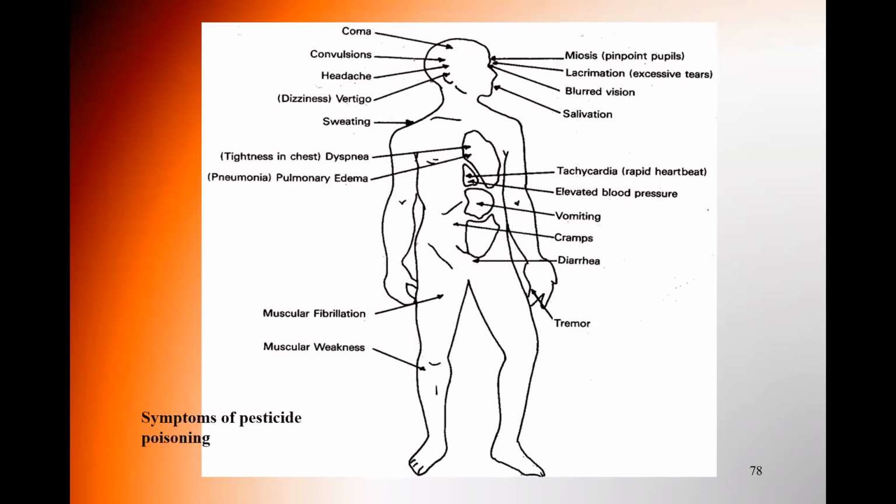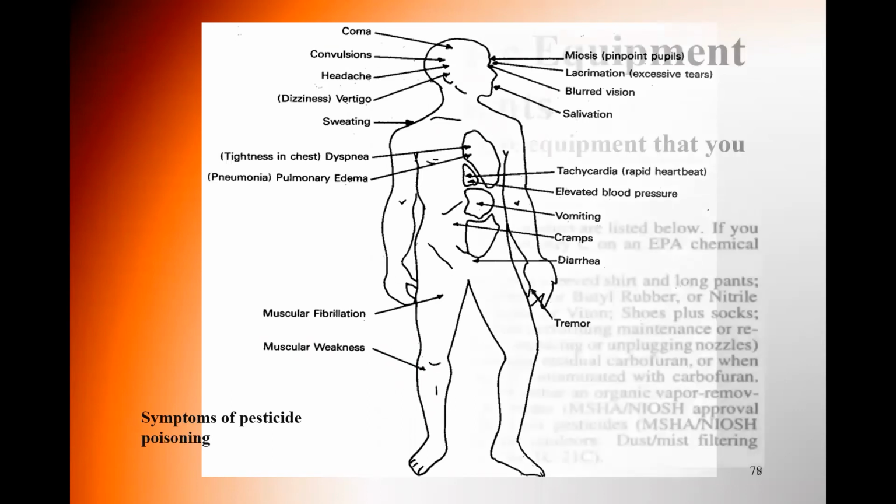Could be muscle weakness, tremoring, cramps, vomiting. Could be a rapid heartbeat, elevated blood pressure, salivation, blurred vision. Could be convulsions, headaches, sweating, tightness of the chest. All these things could be symptoms of a lot of things, but a lot of these are symptoms of an overexposure to a pesticide.